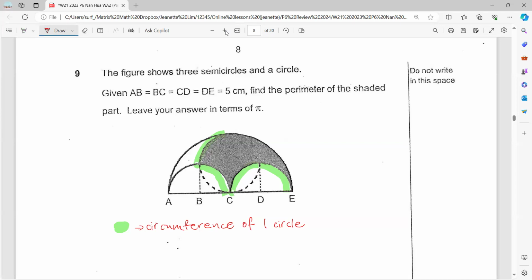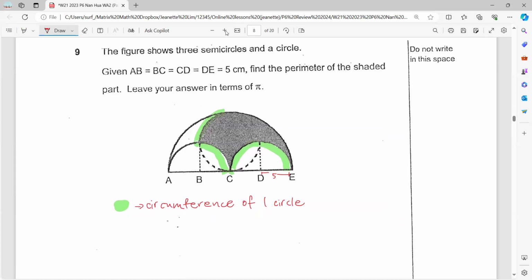What is the radius though? The radius is 5. So what is the diameter? Because pi times diameter will give us the circumference. We want to leave the answer in terms of pi.